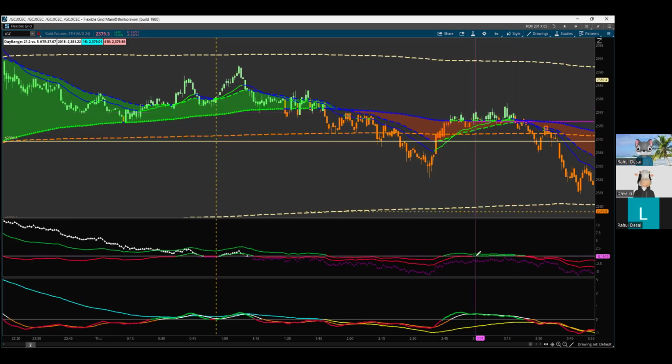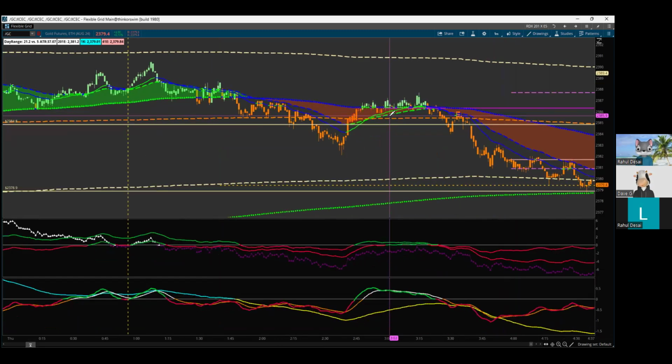I went long here, but I failed because the MACD on the 5 was red. This is the 5-minute MACD, which is yellow here. And the 5-minute wave never turned green at all. So I still made the mistake, but then I realized that, hey, hold on, I've seen this before, and let me go back and see what really happened.